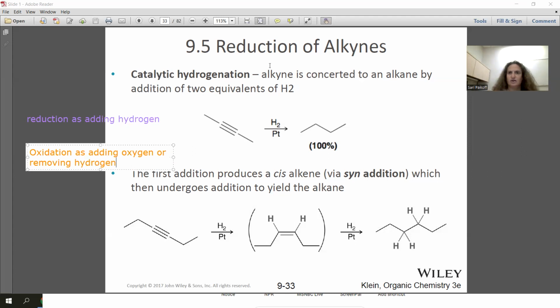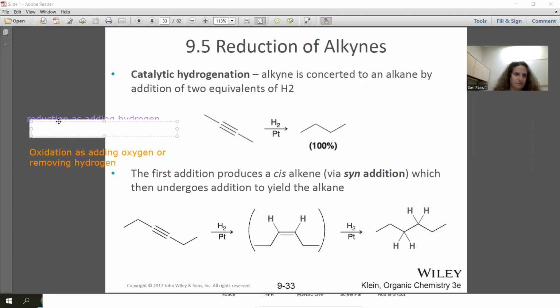And reduction would also be removing oxygen. So that's kind of the way we're going to be going.